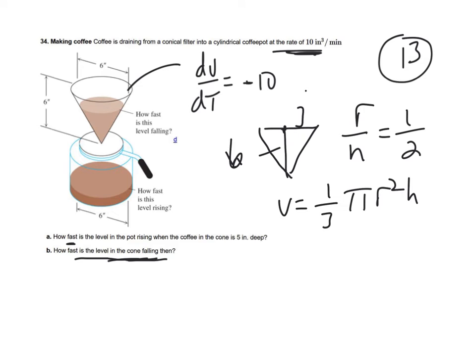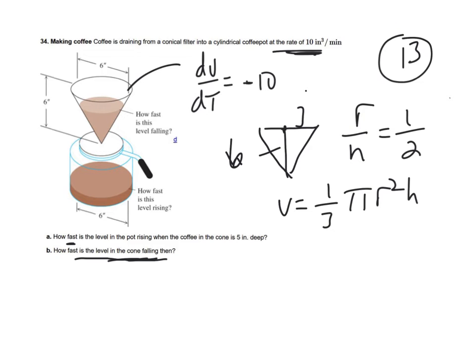So let's solve this for h. So I multiply h and multiply by 2. So isn't h? No, I want to get rid of the r. I do this often. I was going to write h equals 2r, but that will let me replace the h with r, and I don't want r, I want h.